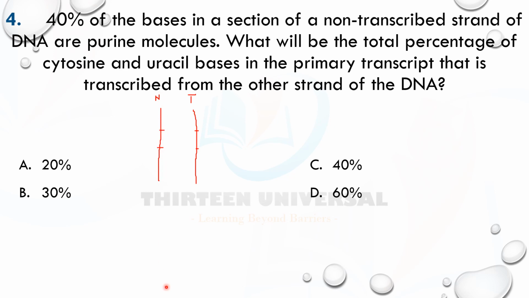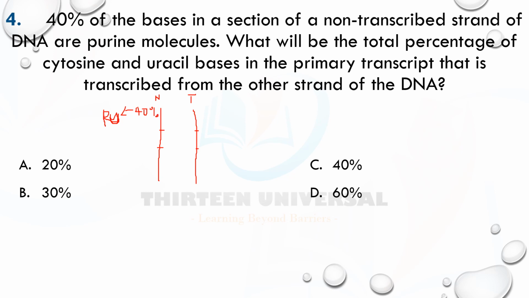So if 40% on the non-transcribed strand are purines, let me use Pu for purines, 40% of the bases are purines.